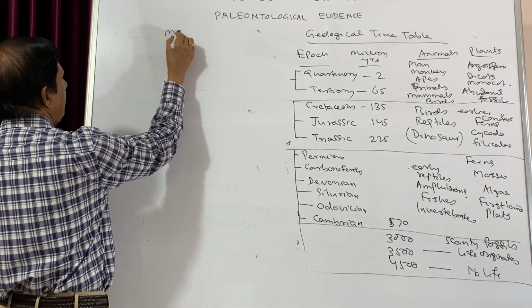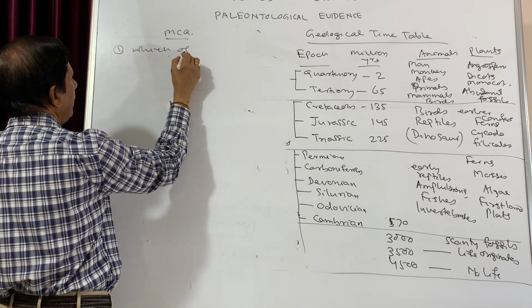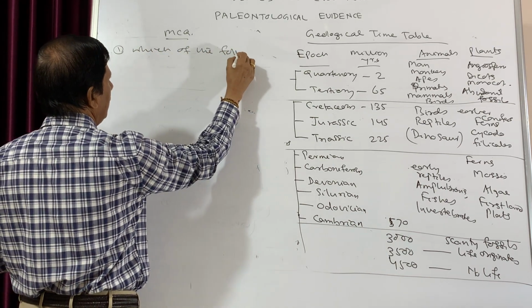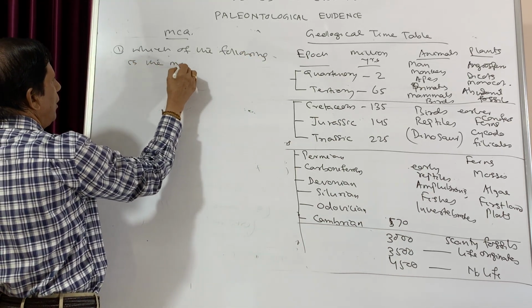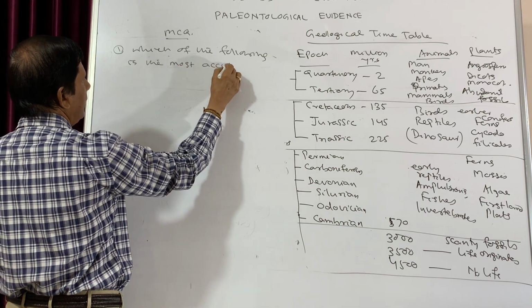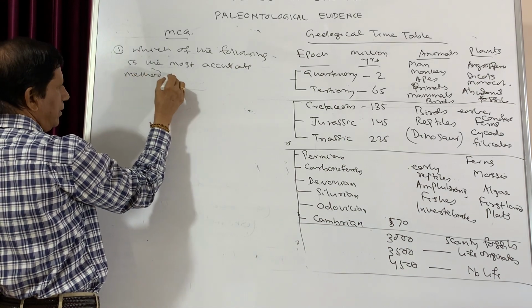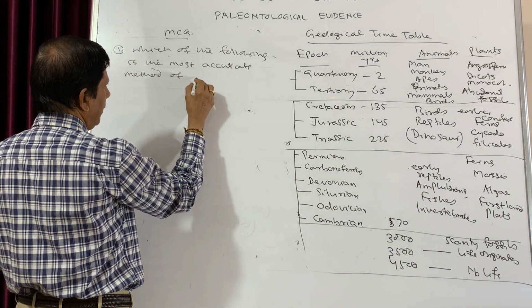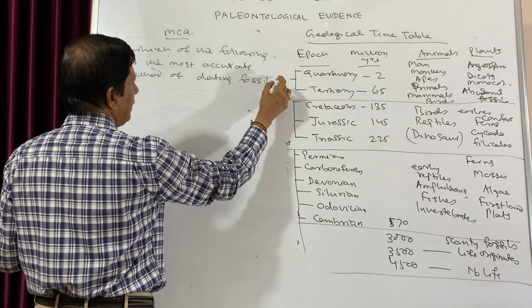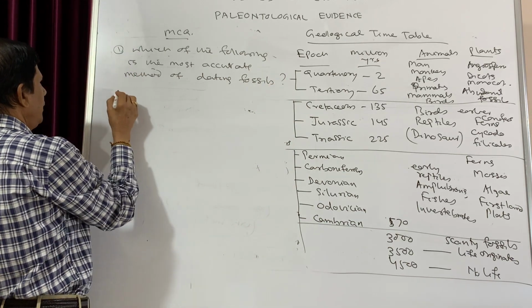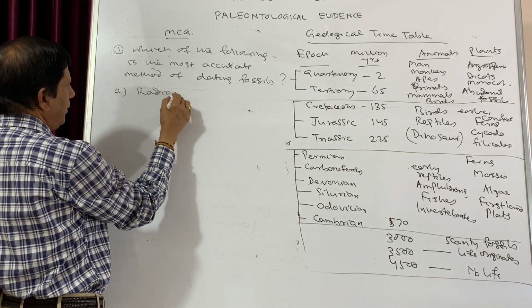So the first question: which of the following is the most accurate method of dating fossils? First choice, radiocarbon.